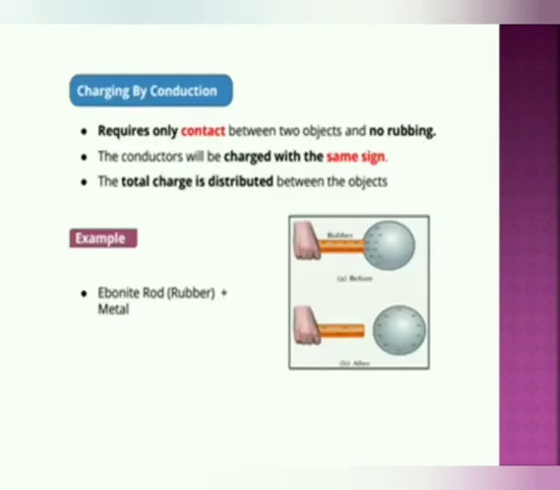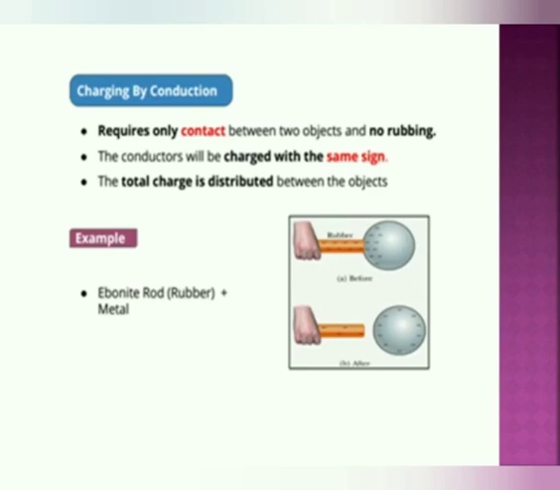Charging by conduction requires only contact between the two objects. Remember, there should not be any rubbing. The conductors would be charged with the same sign and the total charge would be distributed. For example, if an ebonite rod gained 4 coulomb of charge, that would be divided among both.